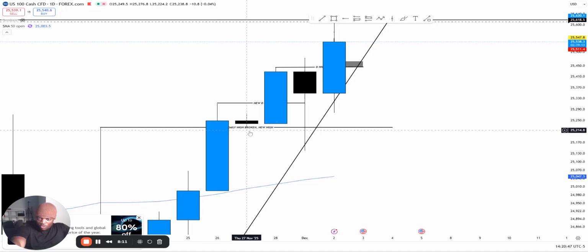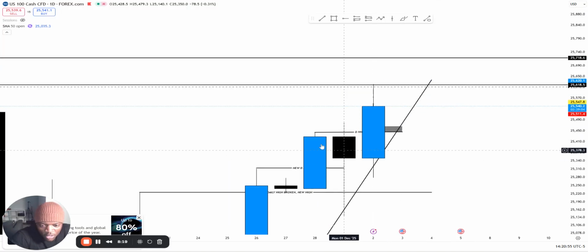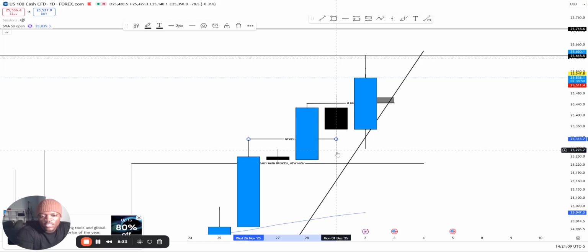It created a little higher low, broken, new high again, new daily high. Created a little low, broken again, right? Why? Because this low, instead of closing below the top of this high or at this high, it closed above this high, meaning a bunch of buyers, people buying. There's a lot of buyers.